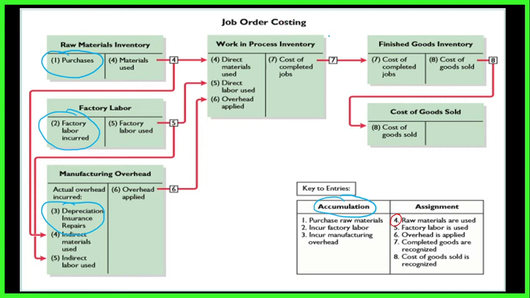So now, since we have discussed earlier that under job order costing, costs are accumulated by product and each product will have their own work in process. Imagine if you have three products that are simultaneously produced, no? So you expect that this will be work in process product 1 or job order 1. Okay.